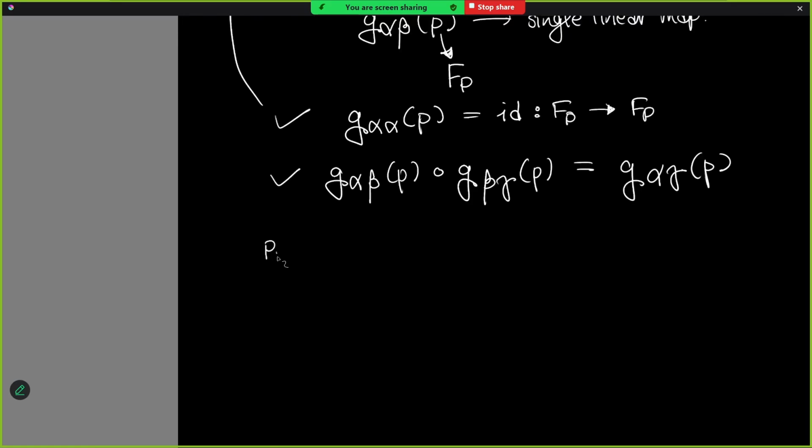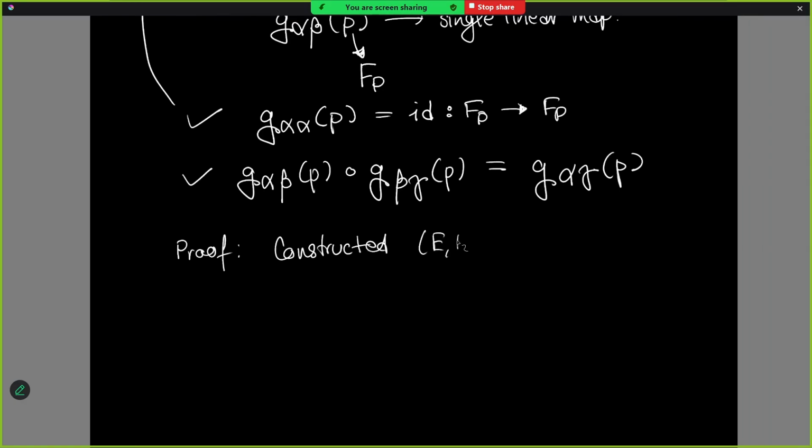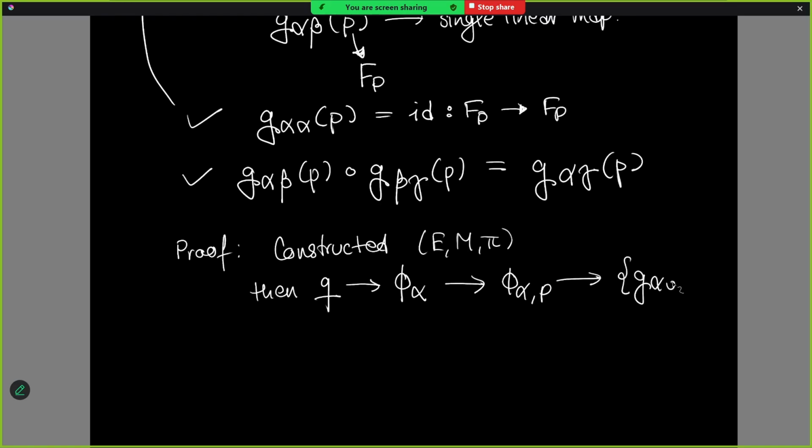The way we proved it is that we constructed E, M, pi, then we constructed these maps phi alpha, from which we constructed phi alpha p, and then we used the phi alpha p to construct this set G alpha beta.